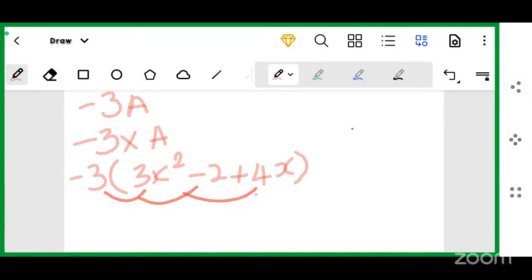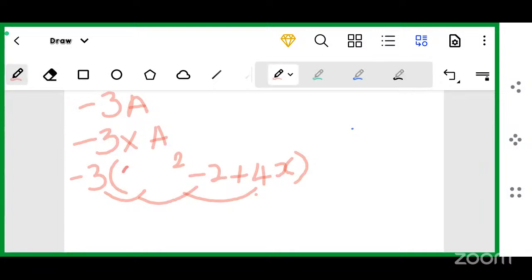So what do you think is the answer when you say negative 3 multiplied by 3x squared? Negative 3, multiplied by, it's an x. Do it like this.